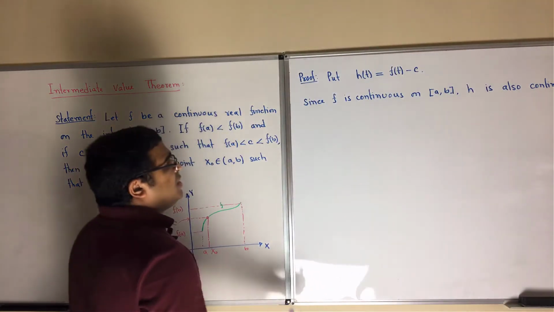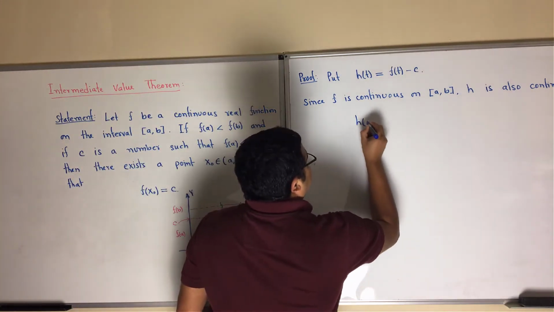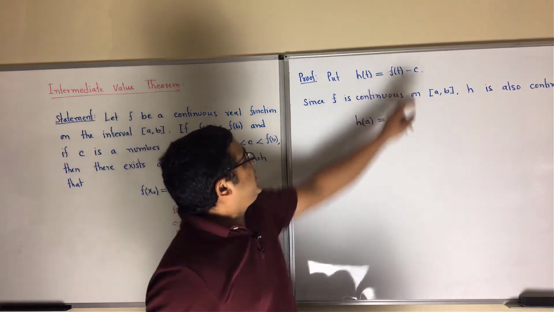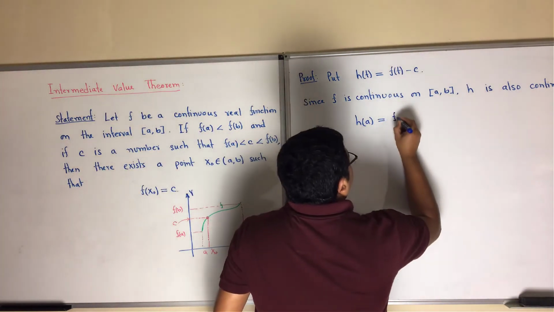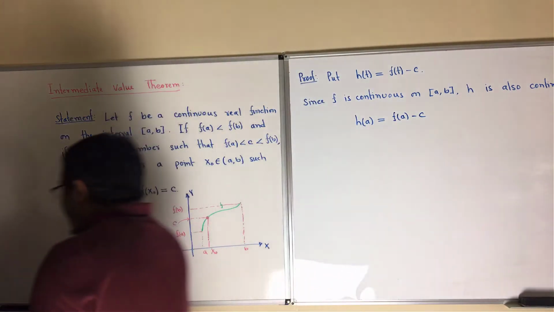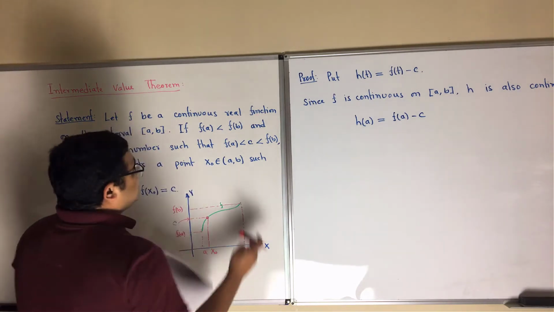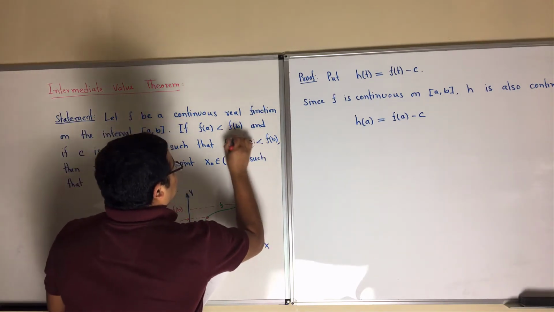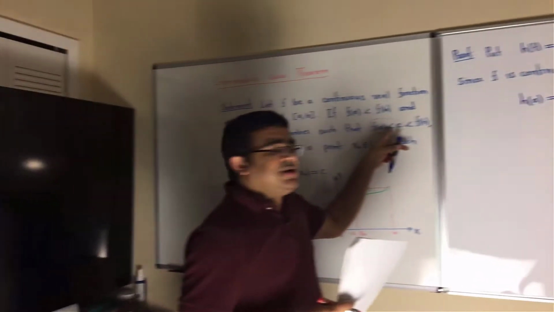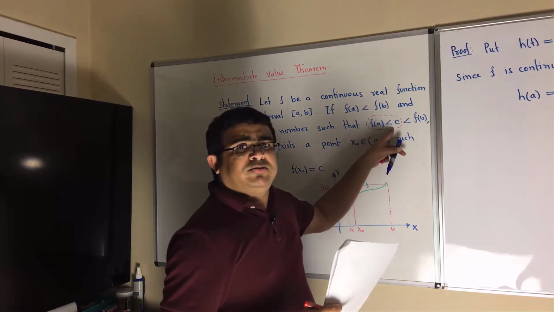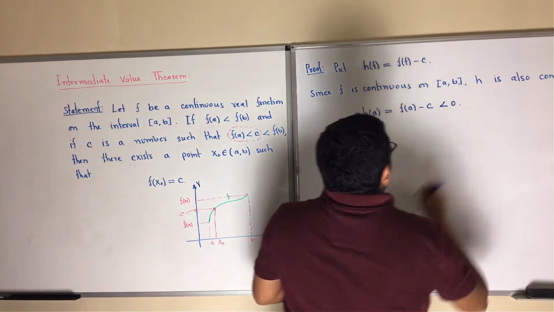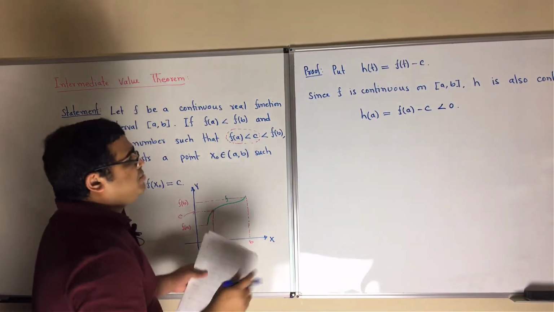Now find h of a. If you plug t equals a here, then it becomes f of a minus c. Now, since f of a is less than c, f of a minus c would be less than 0. Now how about h of b?